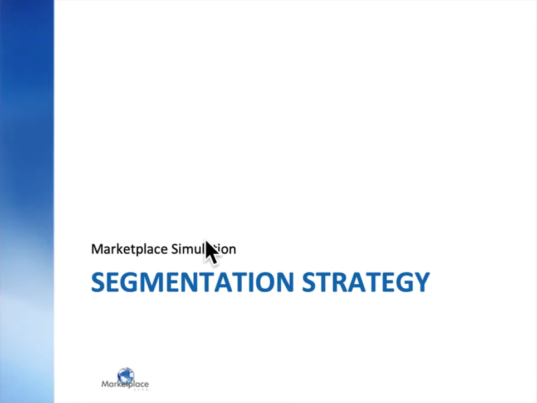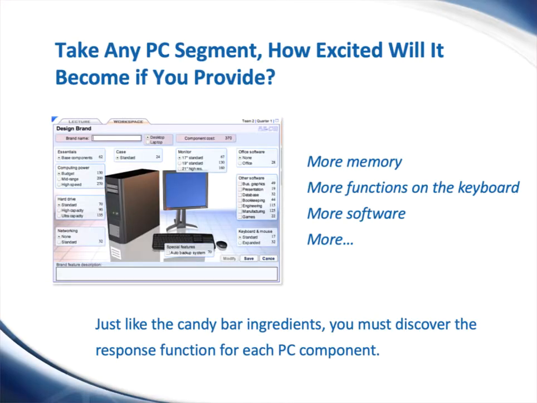Finally, let's talk about the segmentation strategy that you will have to deploy in your quarter development and decision development. Segmentation strategy is, of course, a very important part of your overall strategy. Take any PC segment.